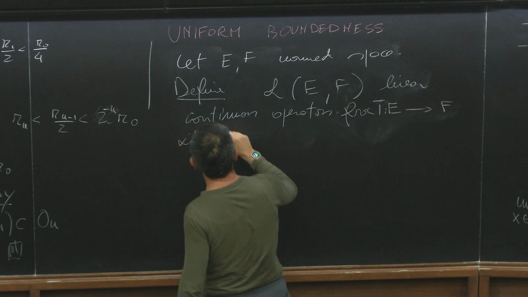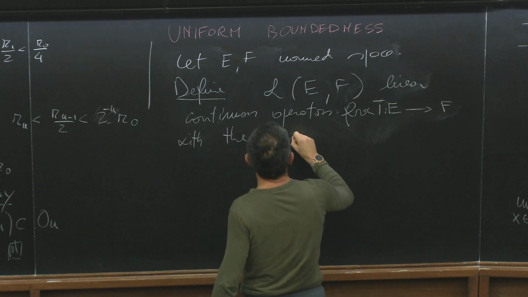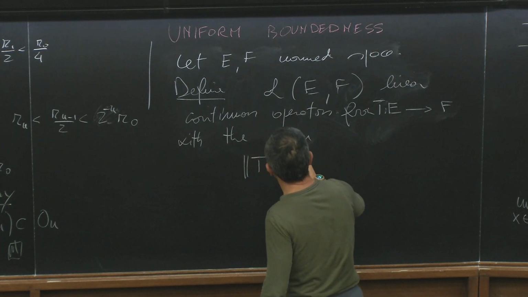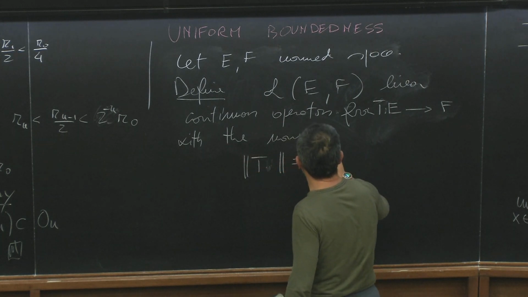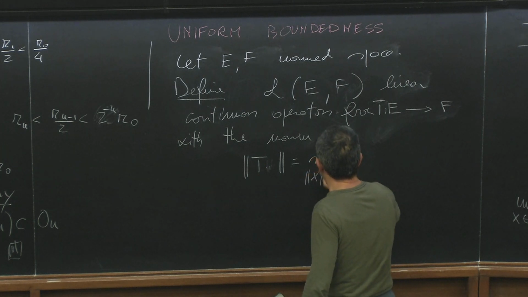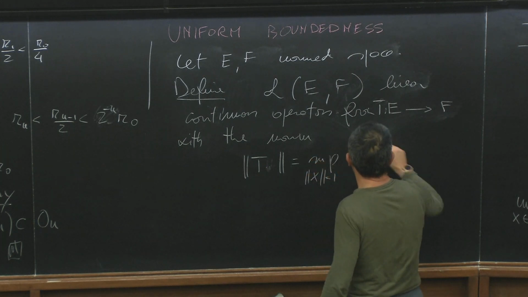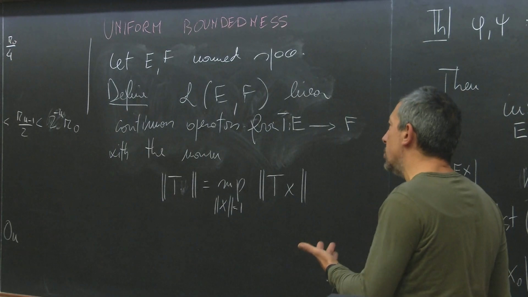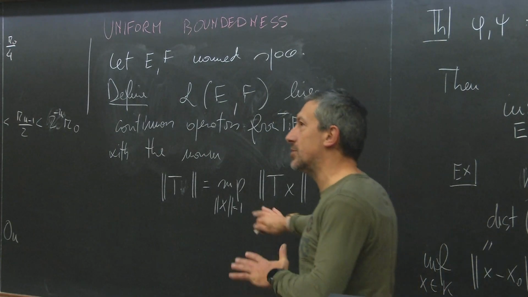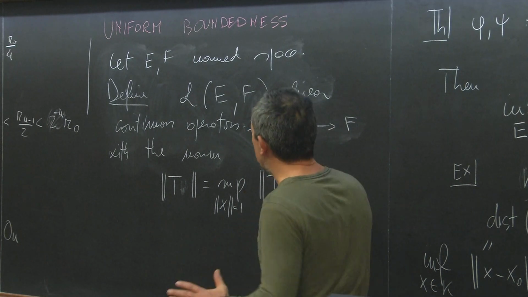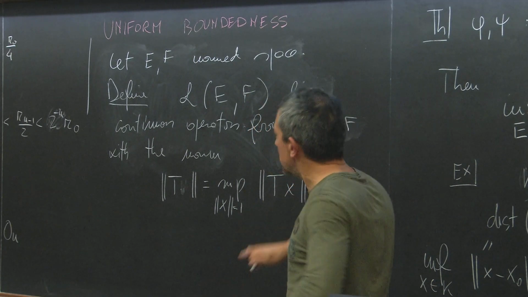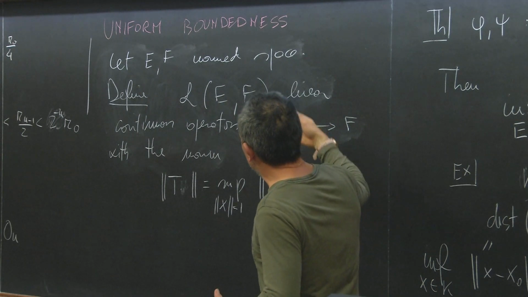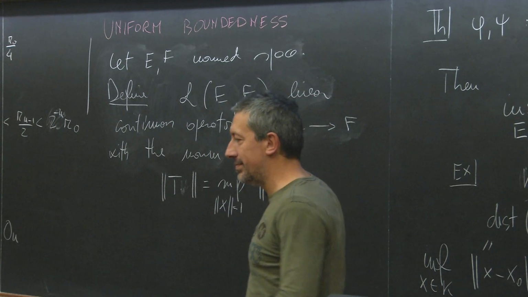This is the normed space. The norm of T is the supremum over norm of x equal to 1 of the norm of Tx. So a priori, we don't know if all linear continuous operators satisfy this supremum. But okay, we take it for granted. So this is the definition of the set of linear operators which satisfies this uniform bound. That's it.